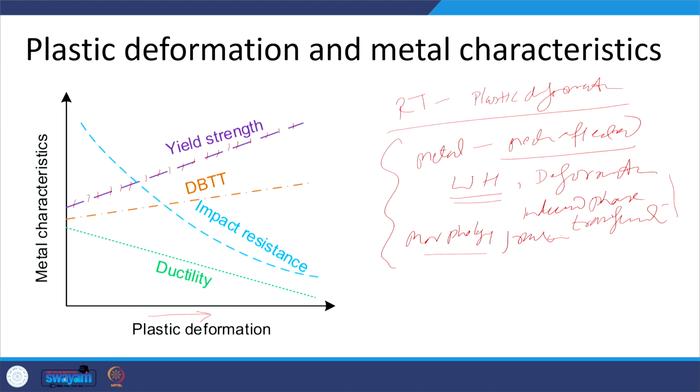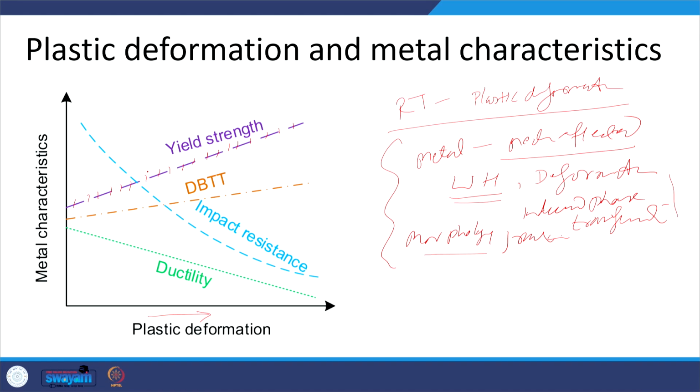Severe plastic deformation can cause significant grain refinement, so this in turn increases the yield strength, and a similar trend is also observed for the hardness variation. So, hardness and yield strength both move together.